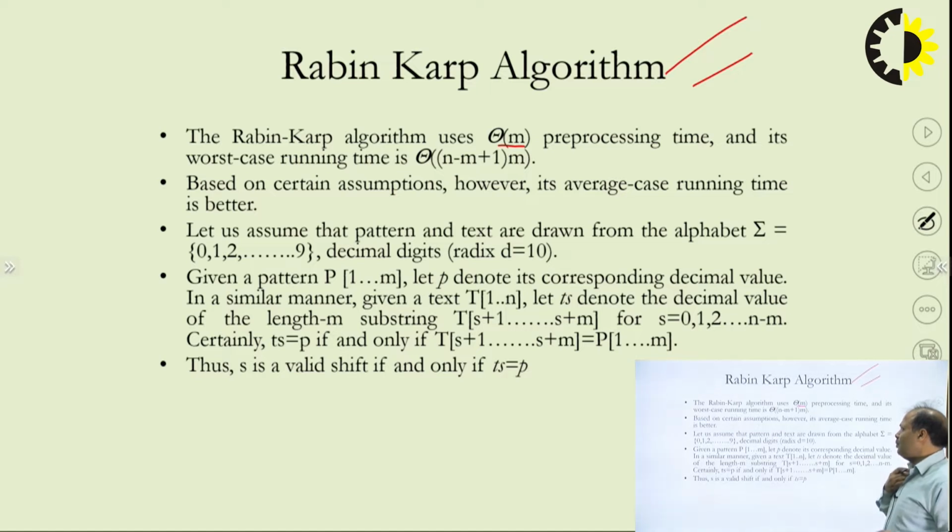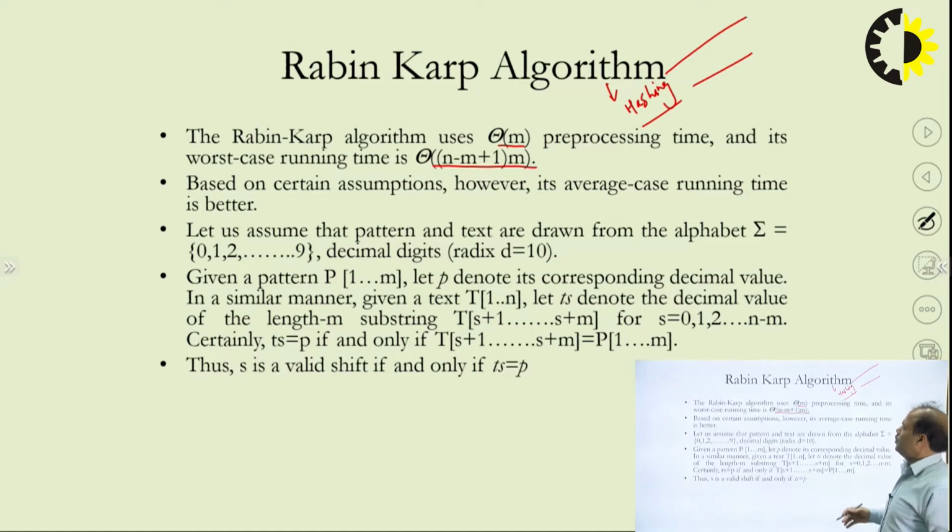This and the naive algorithm have the same worst case time complexity, but the average case of Rabin-Karp is better than the naive algorithm. This algorithm is based on the concept of a hashing function.